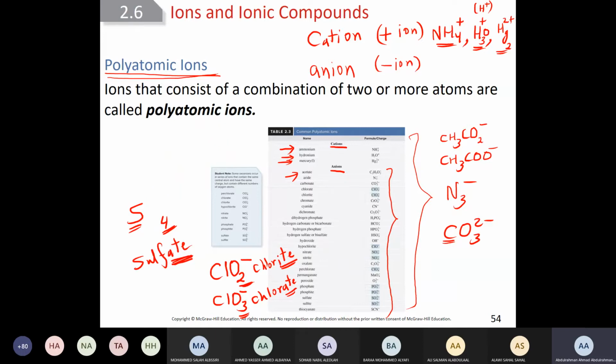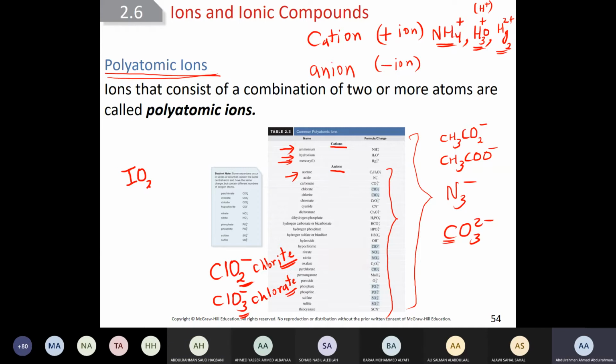Good. Let's go even further. I'm still in the same table, but now I will write this one more time. Doctor, do I have to memorize the different forms for the same polyatomic ions? Of course, yes. You have to memorize everything in here, everything. Okay.